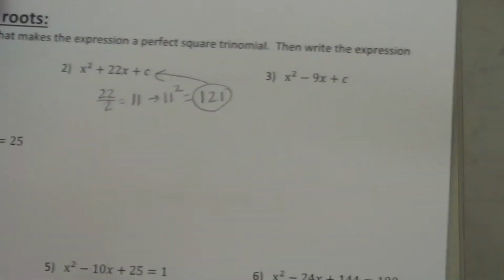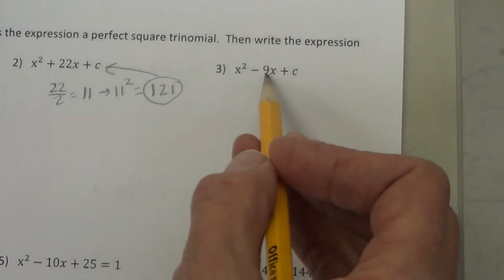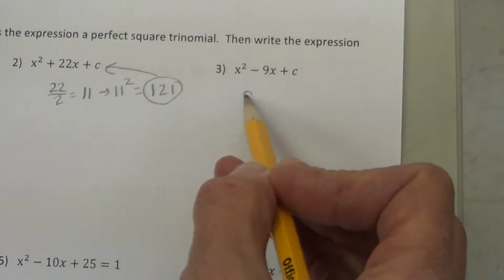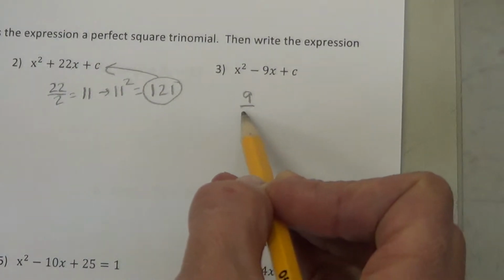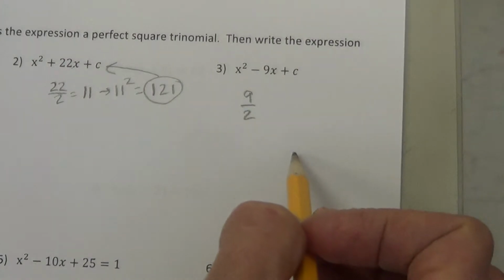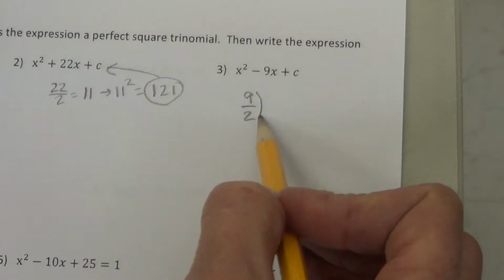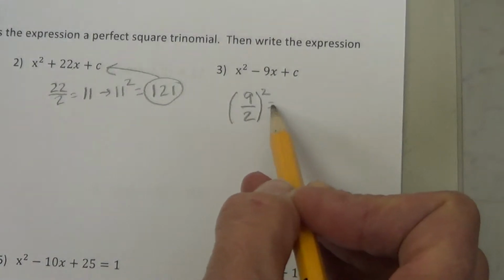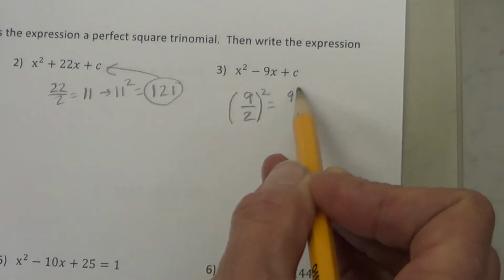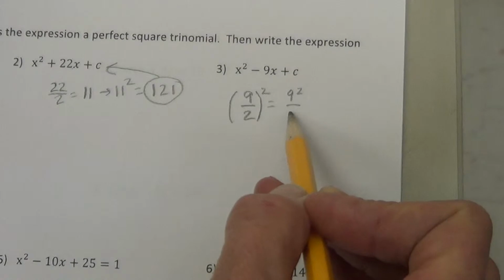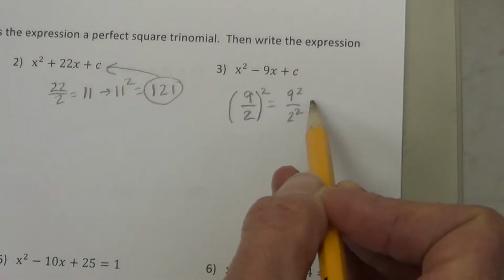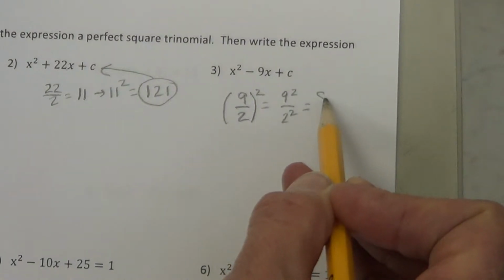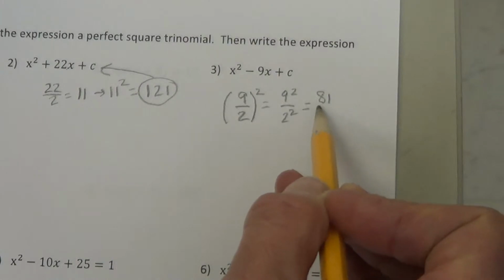Okay, next one, we take our 9, we cut it in half. That's not going to come out real nice and even, so I just leave it as a fraction and go ahead and square it. Because we know from exponents that that becomes 9 squared over 2 squared. So that would be 81 over 4.